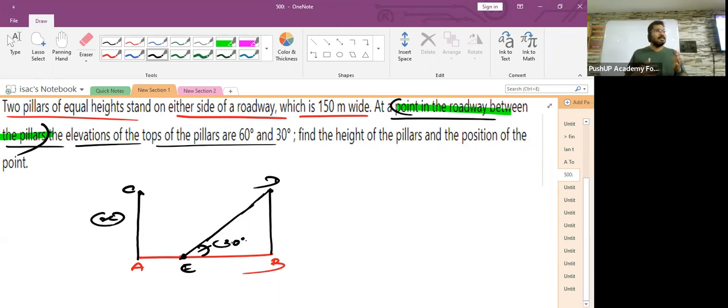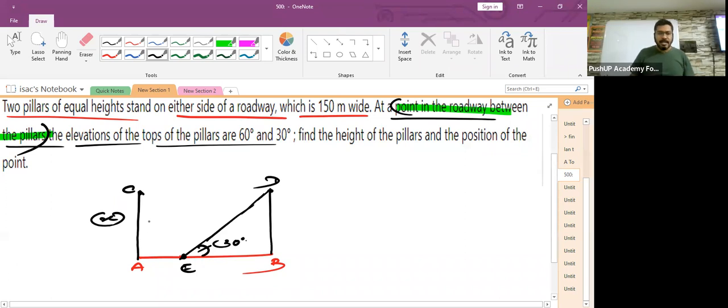The distance of point E from BD is greater, isn't it? So the angle of elevation should be lesser. The distance of point E from BD is greater, so the angle of elevation should be lesser. So I am taking this angle as 30 degrees.